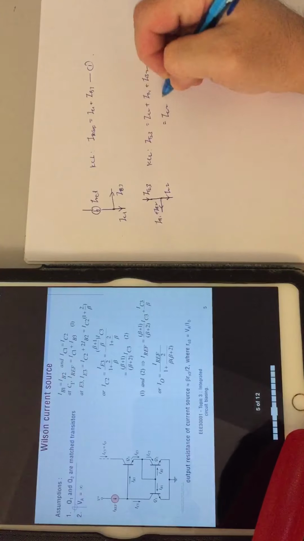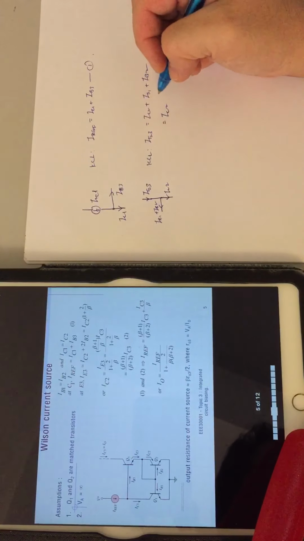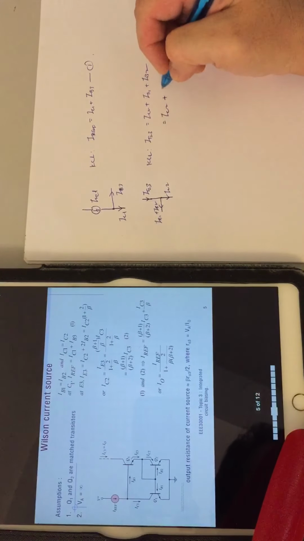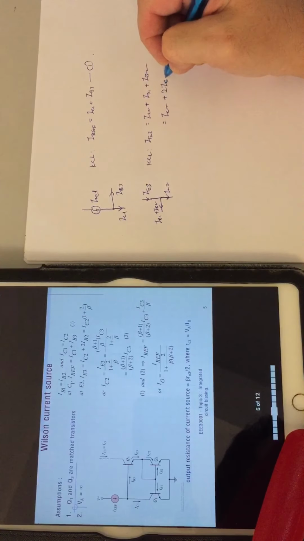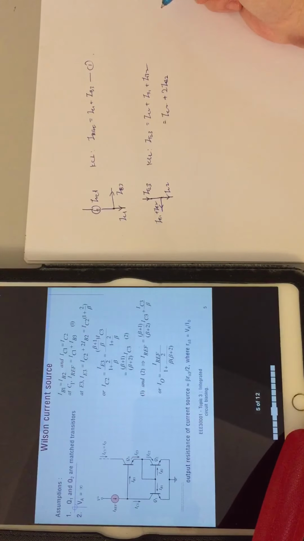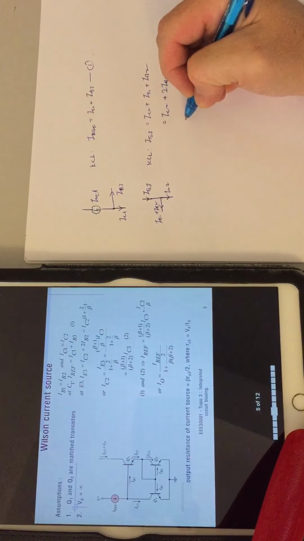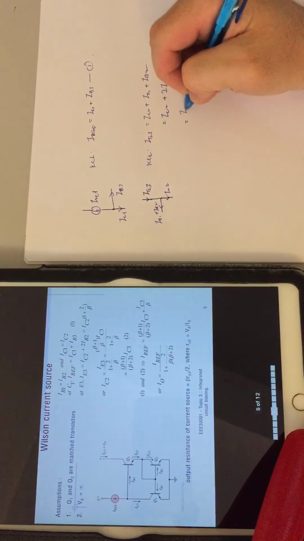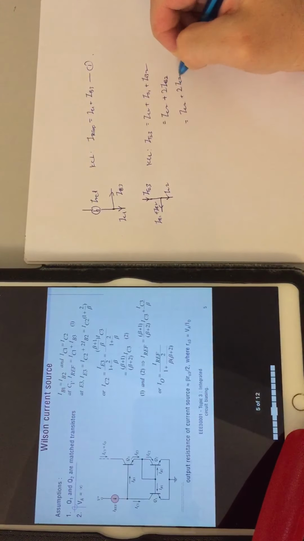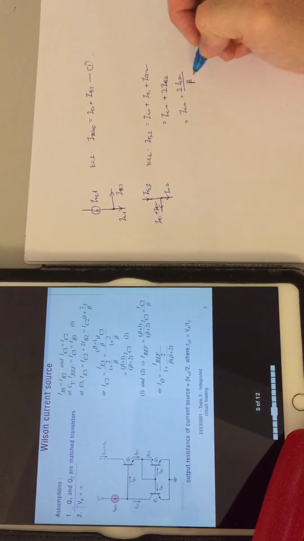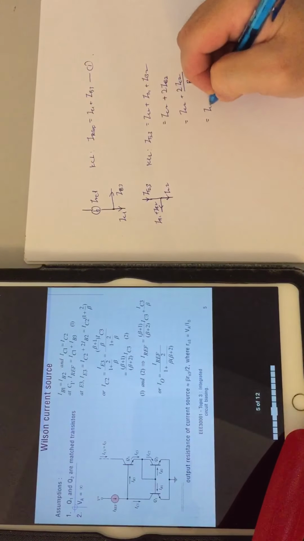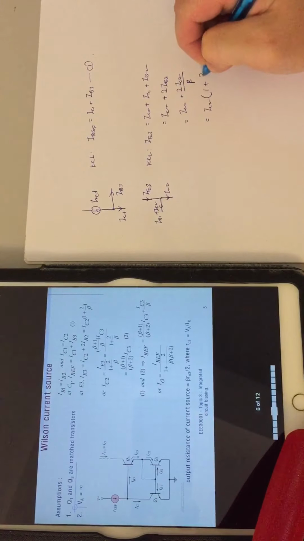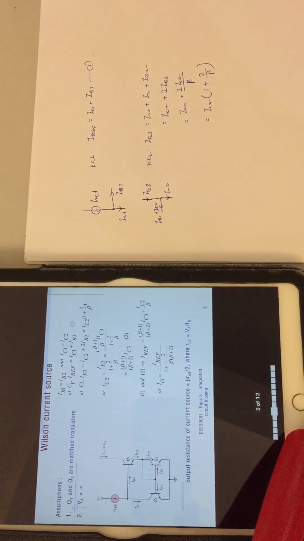Since we have matched transistors Q1 and Q2, then we have IB1 equals IB2. So we convert IB into IC. That is IC2 over beta, and factorize IC2 in the equation. Then we have IE3 equals IC2 multiplied by 1 plus 2 over beta.